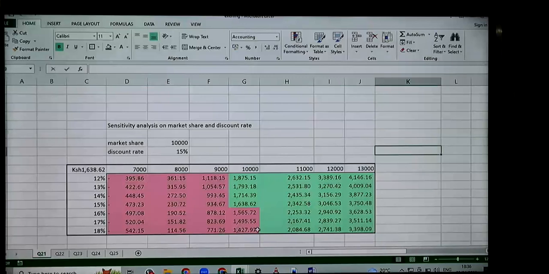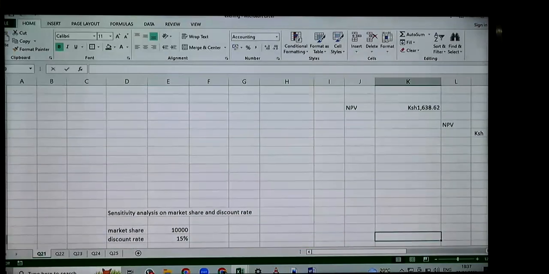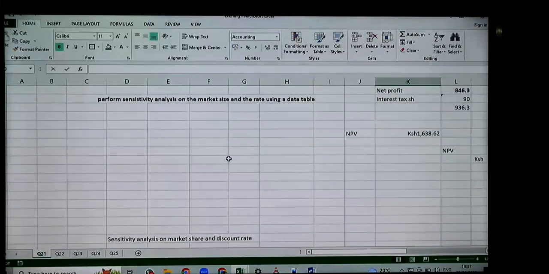Maybe we wanted to see the sensitivity of NPV: if we had a market share of 11,000 and our rate was 16%, you can find that our NPV increased from the previous one of 1638. That is sensitivity analysis. That one was a very simple one. So we will go forward, and we will also look at another sensitivity analysis.